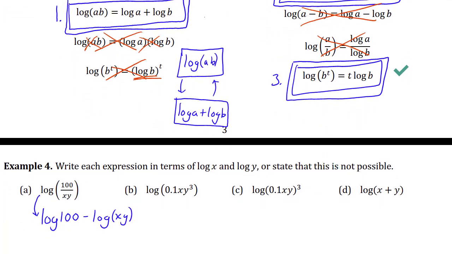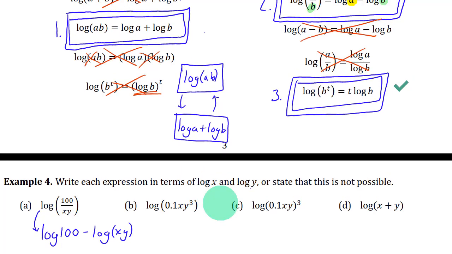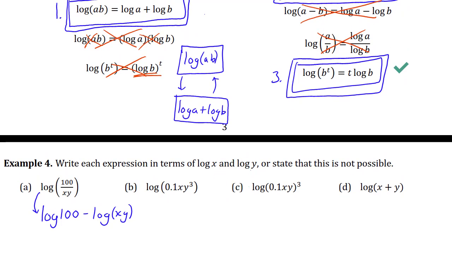And then log of xy, we can write differently in terms of log x and log y using log law 1. So this would become, instead of a and b, we just have x and y.